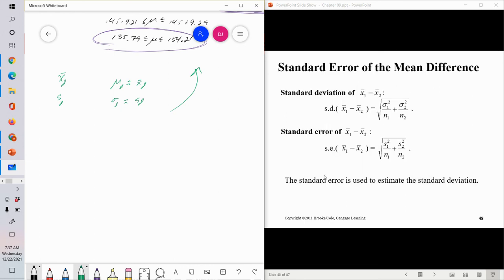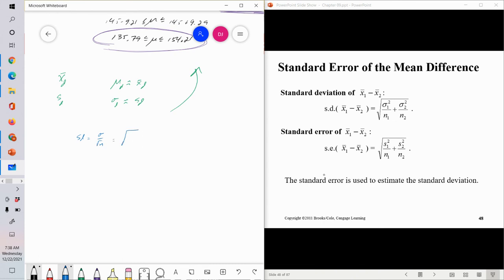Now, the formula for the standard deviation seems to explode compared to the previous one, but think about this. Before, the standard deviation was sigma over the square root of n.